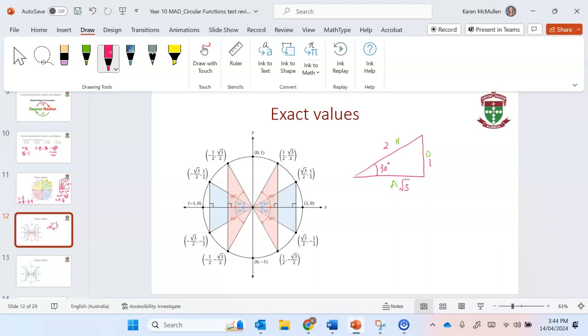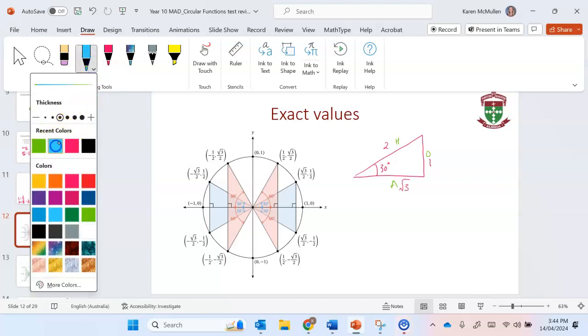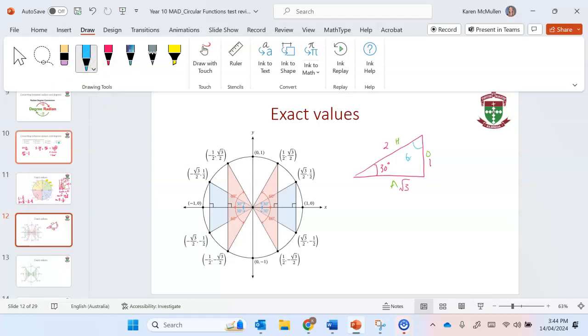So if you can remember this triangle, this 1, 2, and √3, you can do both 30 degrees, and this is your 60 degrees here because it's a right angle triangle.